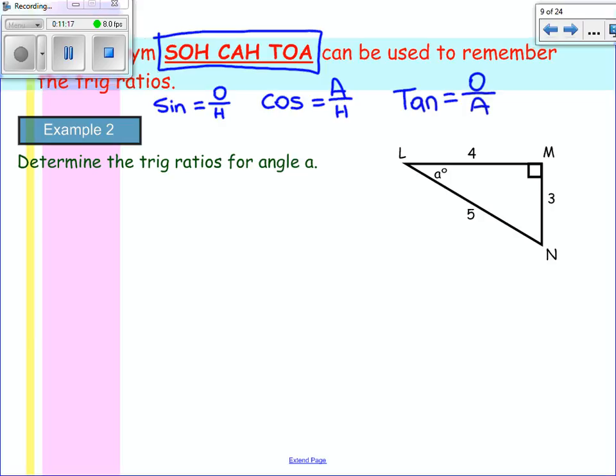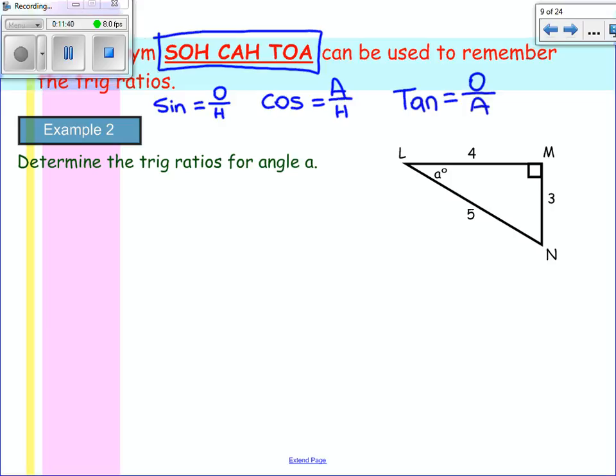Alright. Example 2. Determine the trigonometric ratios for angle A. These are your trigonometric ratios. But there's actually numbers now. Your first step to being able to fill out your trigonometric ratios is label your triangle. You have to. So go ahead and label your triangle.